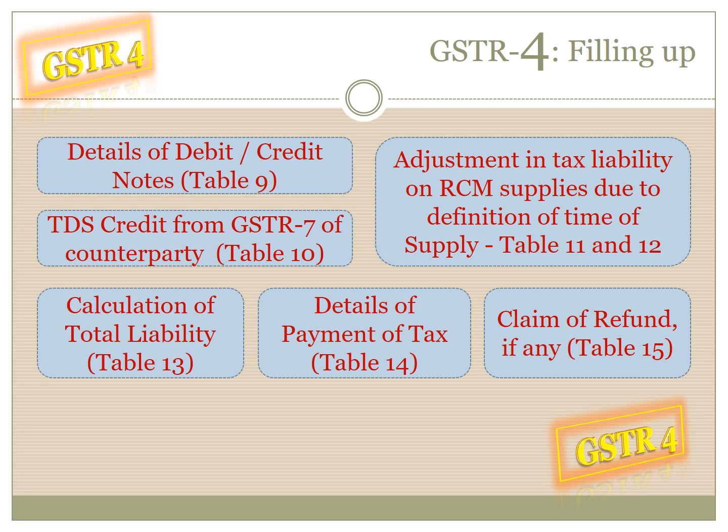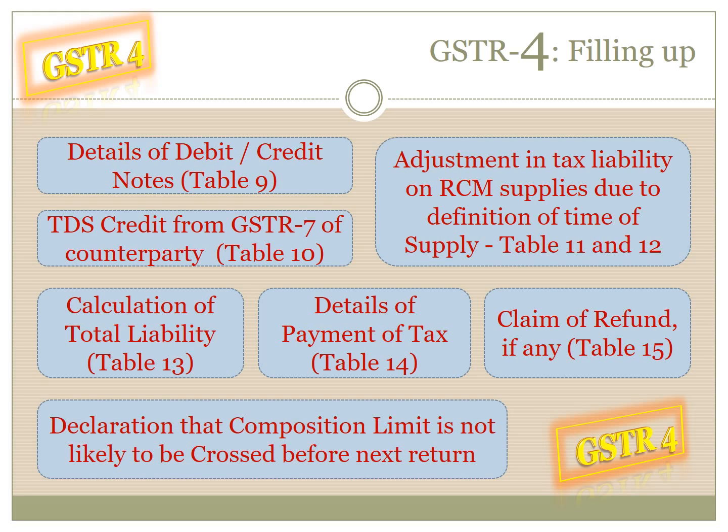Tax is paid by debiting the electronic cash ledger as per details contained in Table 14. Table 15 details the refund claim, if any, of the credit balance in the electronic cash ledger of the taxable person. A declaration is obtained to the effect that there is no likelihood of the taxpayer exceeding the composition limit before the date of next return.